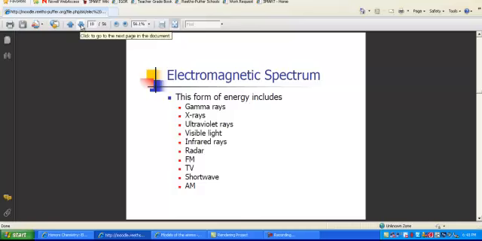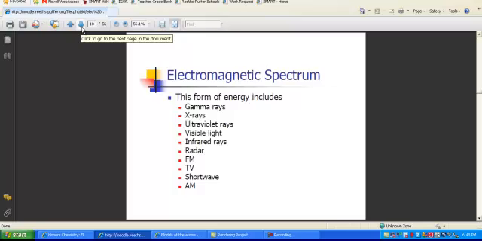And as a chemist, the interesting part to us is that visible light spectrum. You see, the frequency of the electron happens to fall within the range of the visible light.